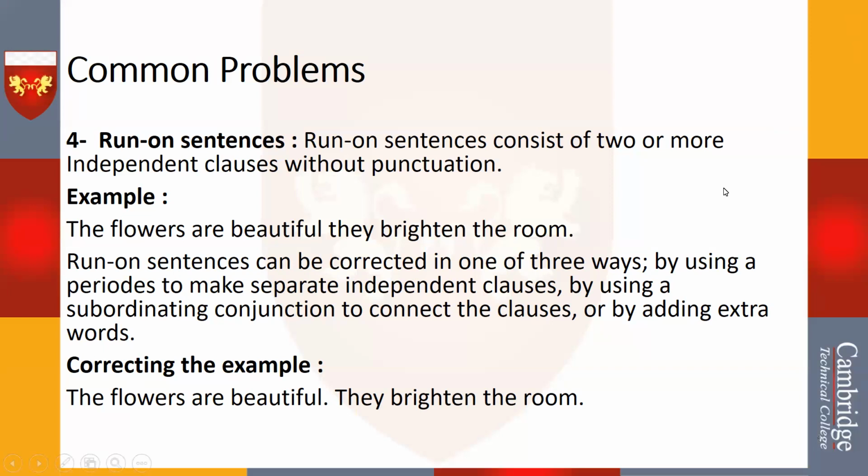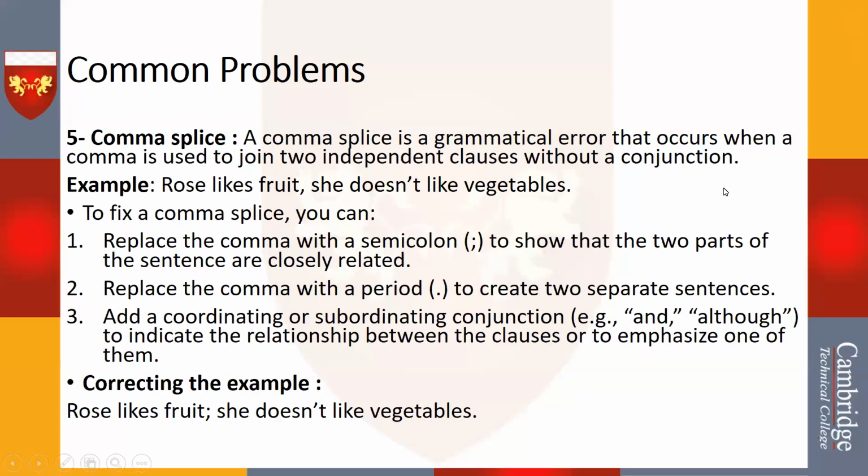So the last one now, comma splice. Can you read? Yes, comma splice is a grammatical error that occurs when a comma is used to join 2 independent clauses without a conjunction.